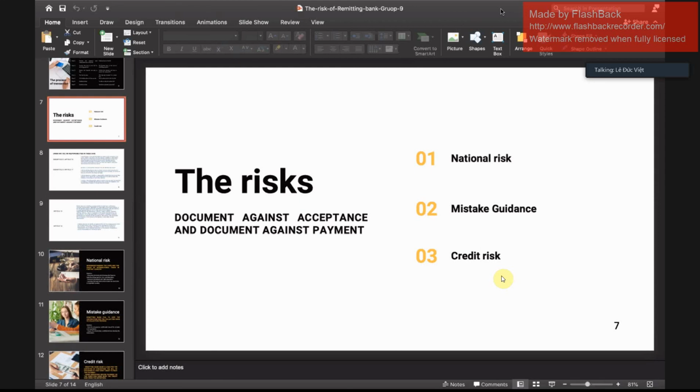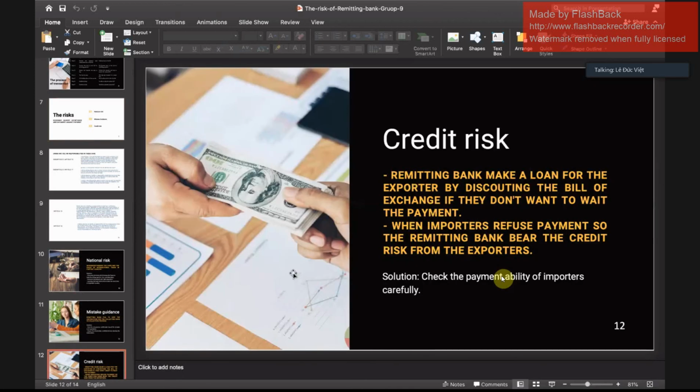My answer is in slide number 12. The remitting bank will make a loan for the exporter by discounting the bill of exchange if the exporter doesn't want to wait for the payment.